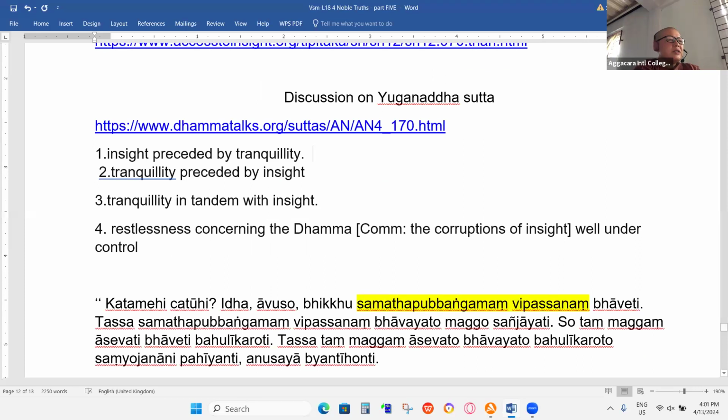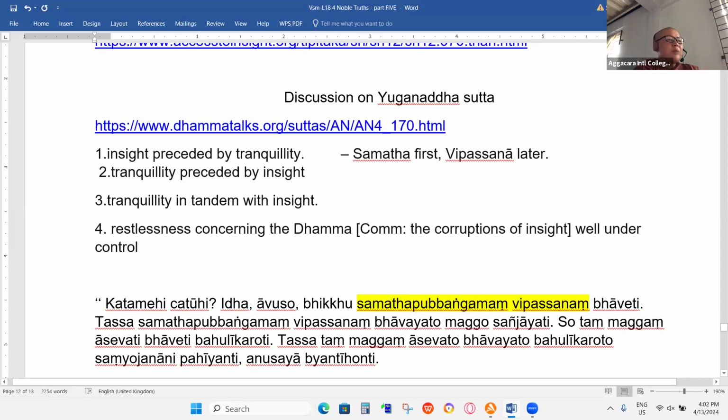This sentence means that they practice samatha first, vipassana later. So samatha pubbangama, vipassana preceded by samatha.